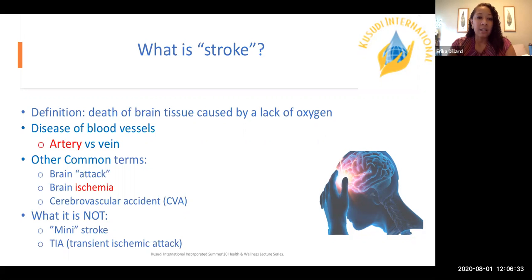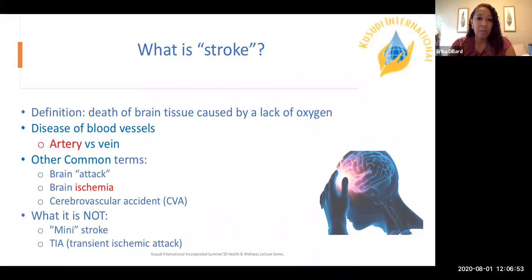Because it's a disease of the lack of delivery of oxygen, it's typically a disease of arteries and not of veins. Now, that's not to mean that there aren't strokes that can be caused by a vein, but they're much more rare. And for our purposes, we're going to really focus on arterial disease.